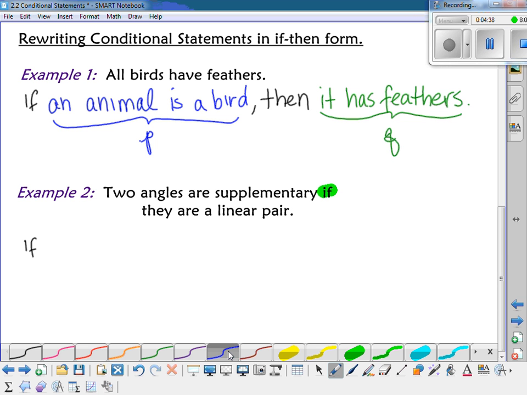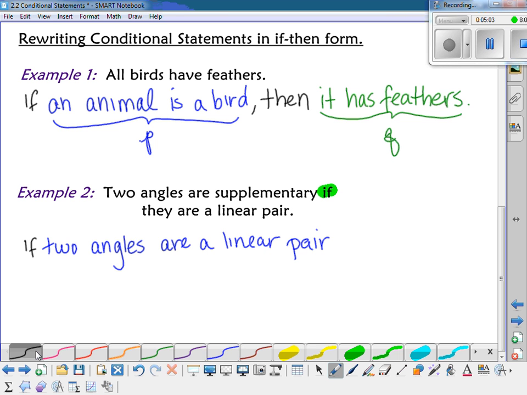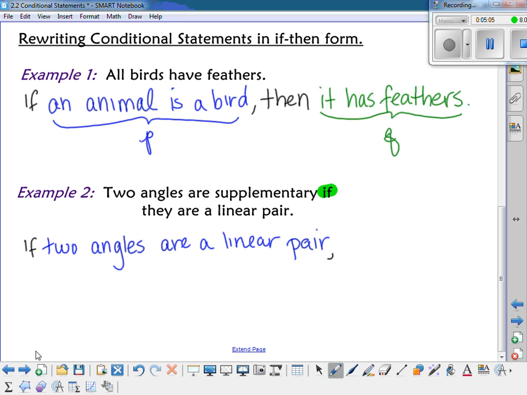we write if two angles are a linear pair, because we want this to make sense. So rather than saying if they are a linear pair, we're starting off a sentence, we need to know what we're talking about. So if two angles are a linear pair, then they are supplementary.